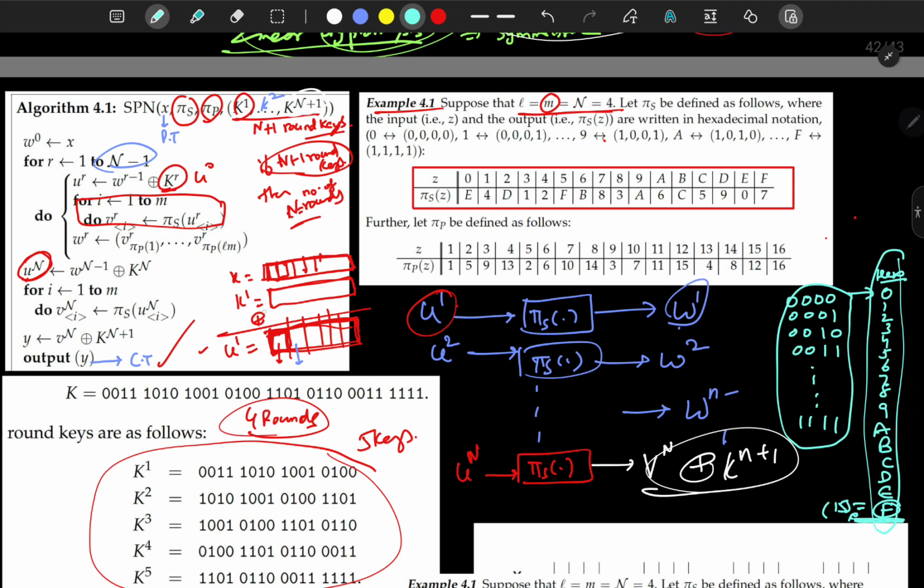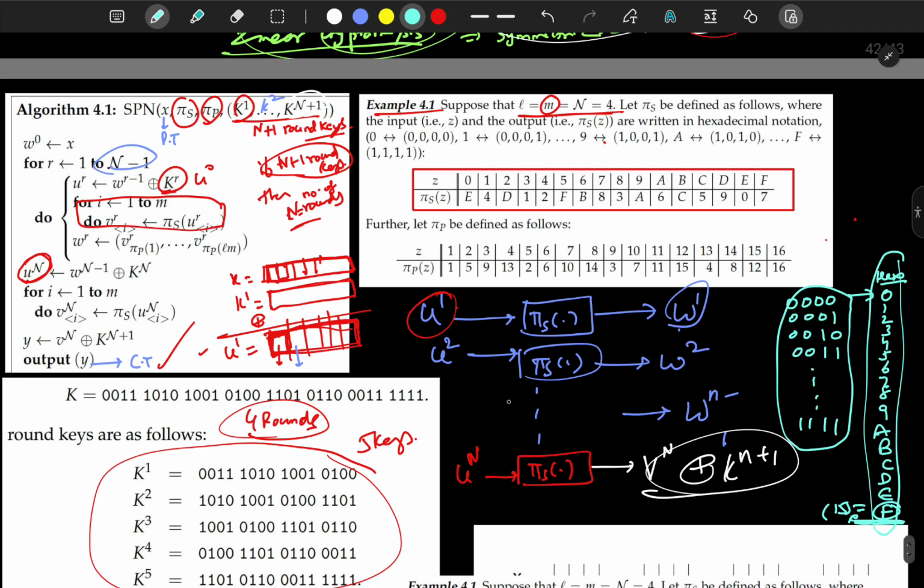Okay, after we divide into the 4 blocks, we have passed through S box and we have gotten the information. We have gotten this, what you got, V. Again pass through this permutation box. You got W, U V W, like this.